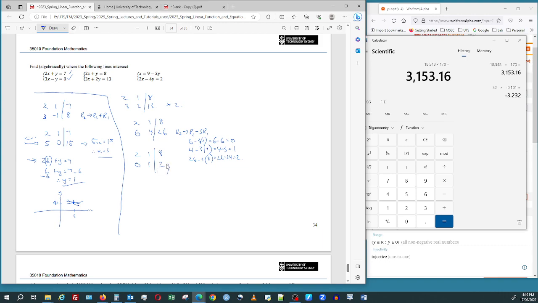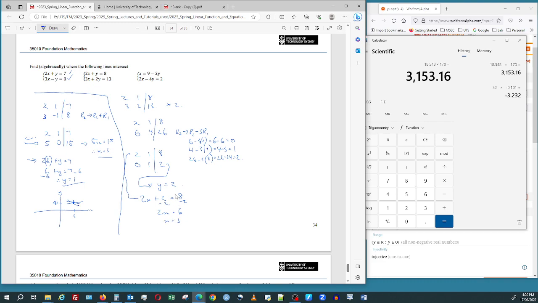So doing the rebuild, it looks like we're okay. So y is equal to 2. We read it straight off, so that was good. And if y is 2, this rebuild will look like this. 2x plus 2 is equal to 8. So subtracting the 2, 2x is equal to 6, x is equal to 3.